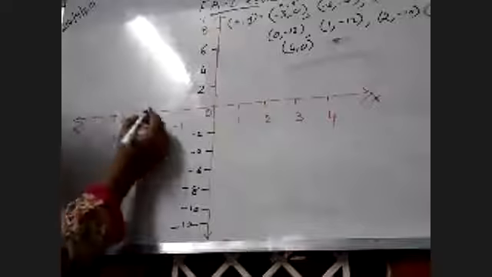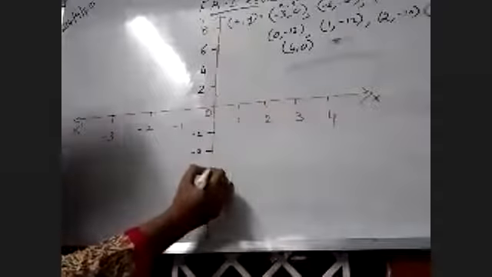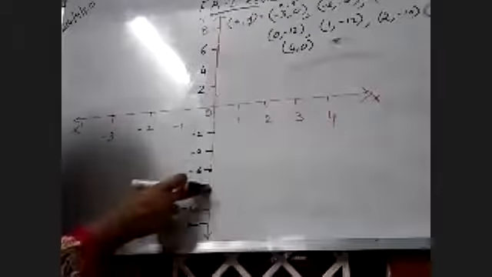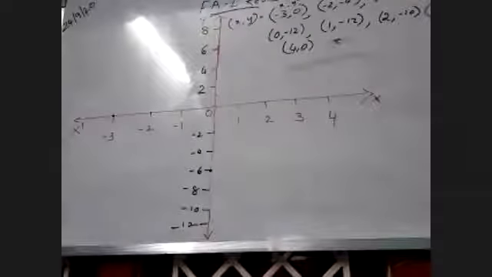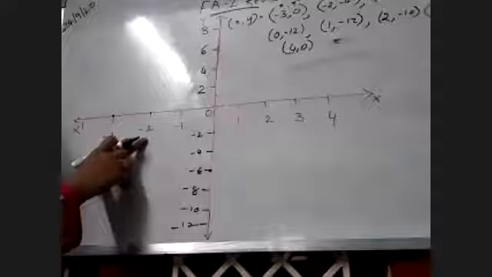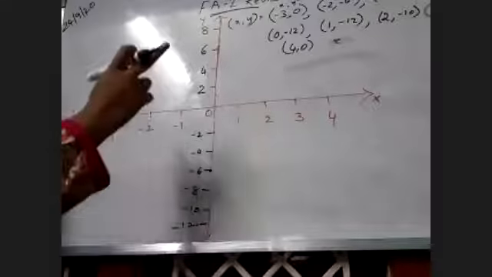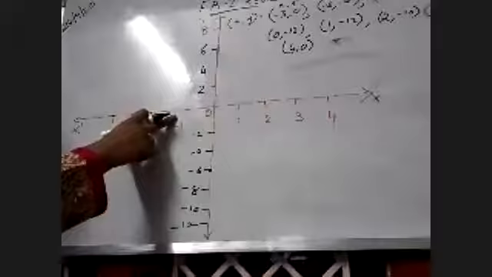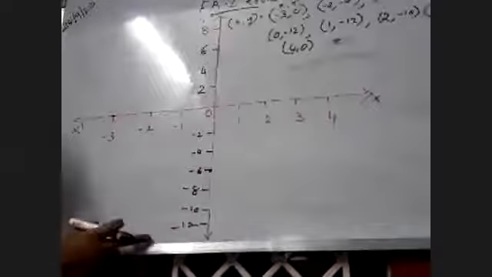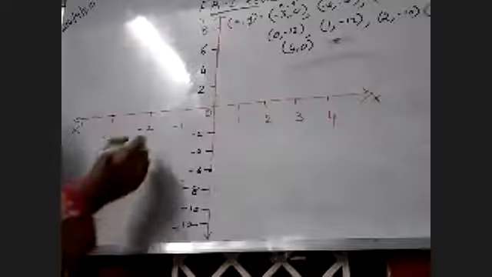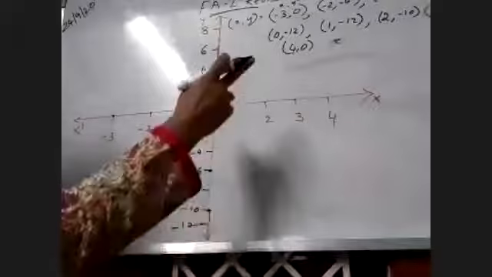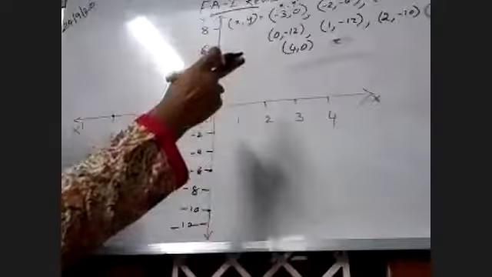So -2, -6. Next again -1, -10. Next 1, -12.